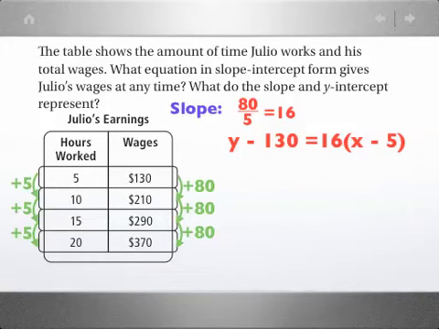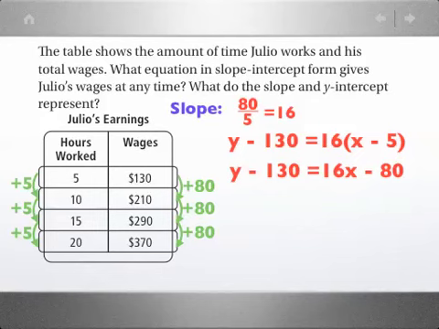Now that I have my equation written in point-slope form, I can change this equation to be in slope-intercept form. The first thing I need to do is distribute the 16 and multiply x times 16 and -5 times 16, which gives me y minus 130 equals 16x minus 80.